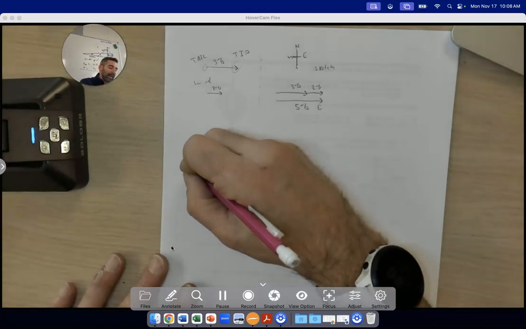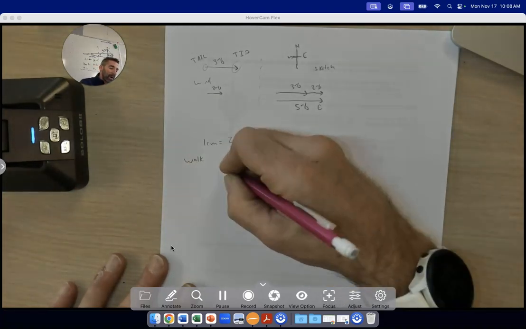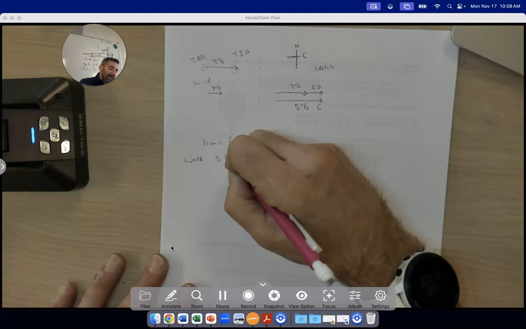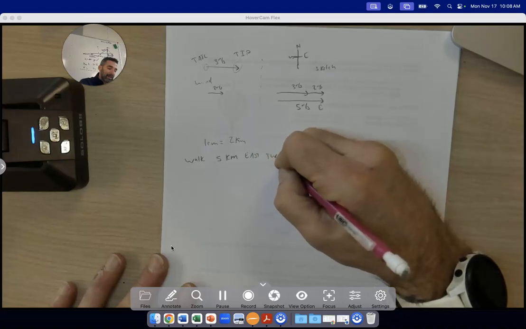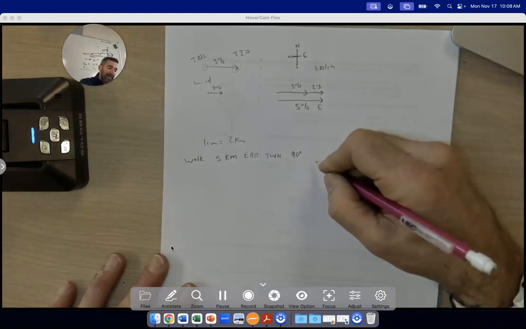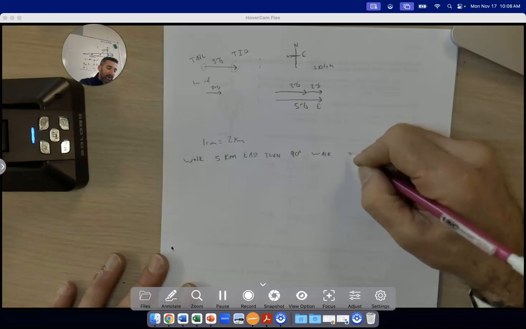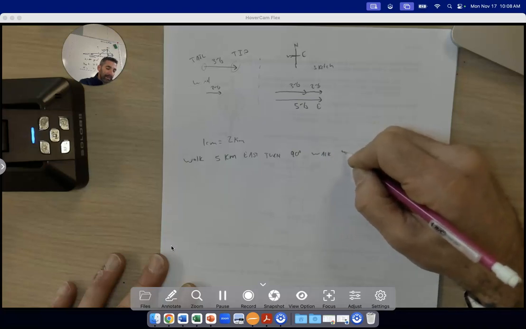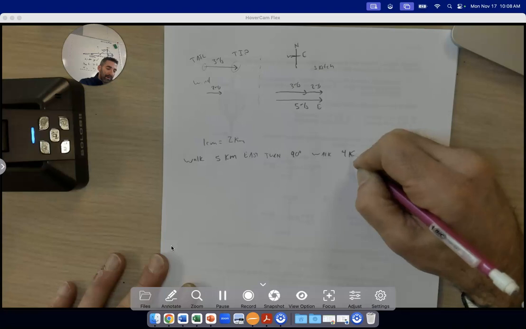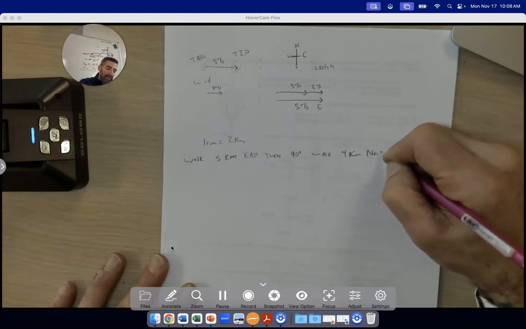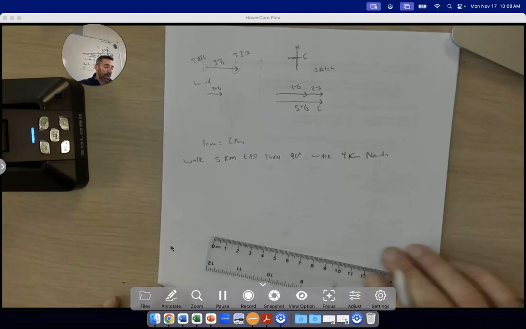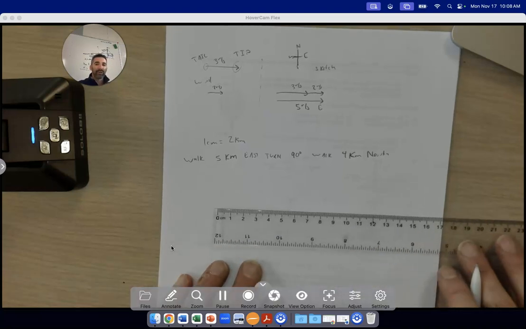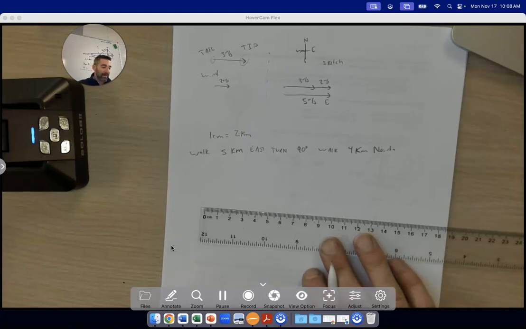And then we'll say that we walk 5 kilometers east, turn 90 degrees, and walk 4 kilometers north.